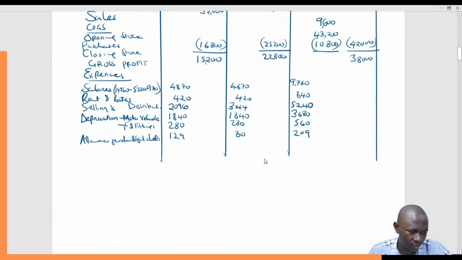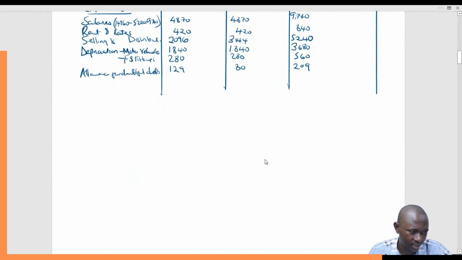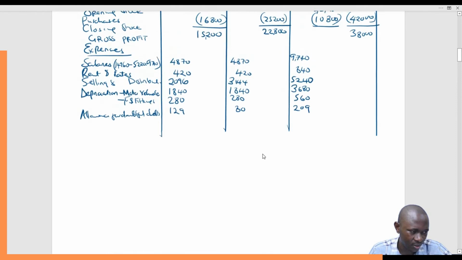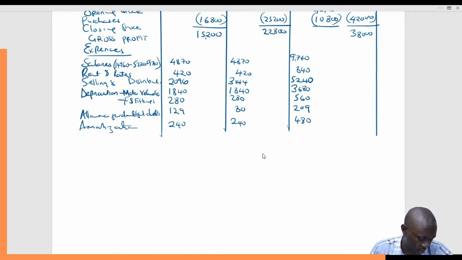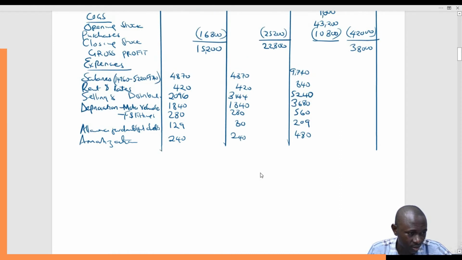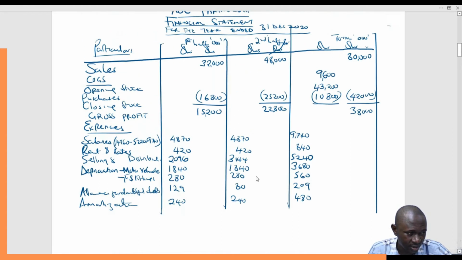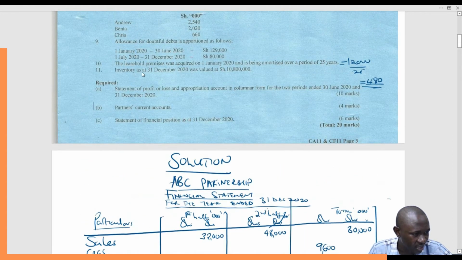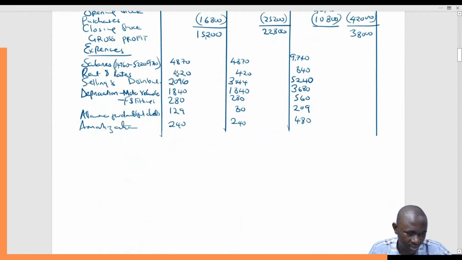So if we are to talk of semi-annual, then amortization will have 240 and then 240, which will give us 480, like that. So that is it. I don't see if there's any other thing. This is inventory, so we'll leave it at that.